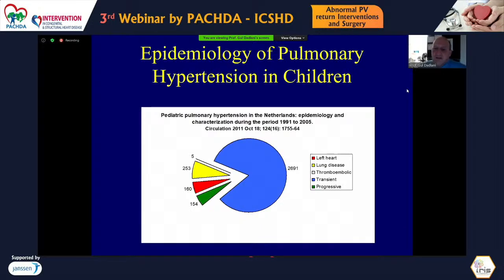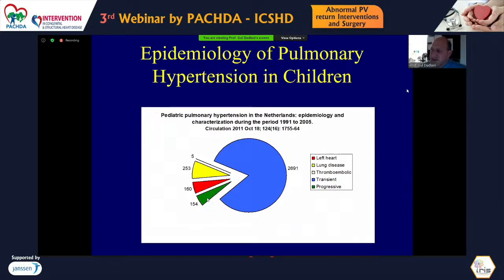When we look at the ability of pediatric patients to recuperate in comparison to adults, the Netherlands have a national database of all patients with pulmonary hypertension. This is a study from 2011 in the Netherlands that looked at all pediatric pulmonary hypertension patients. You can see that those in yellow had lung disease, those in red had left heart disease, those in green had progressive disease.